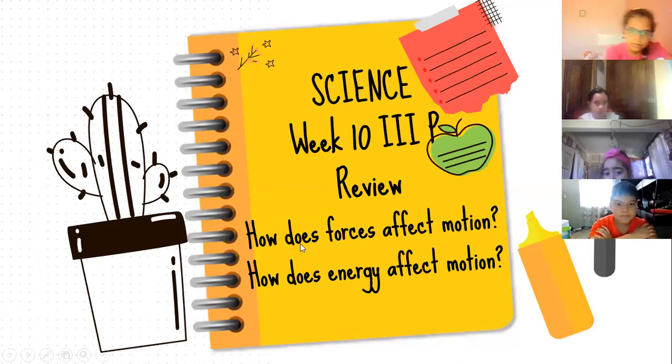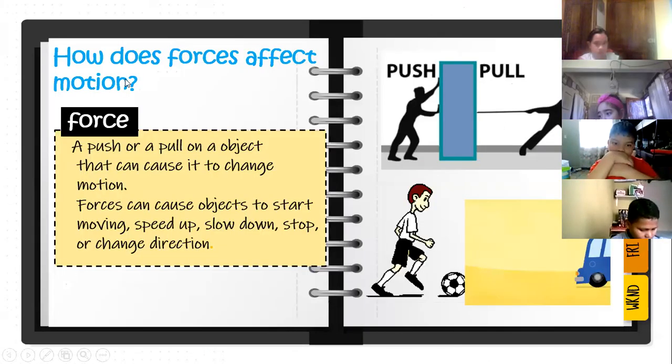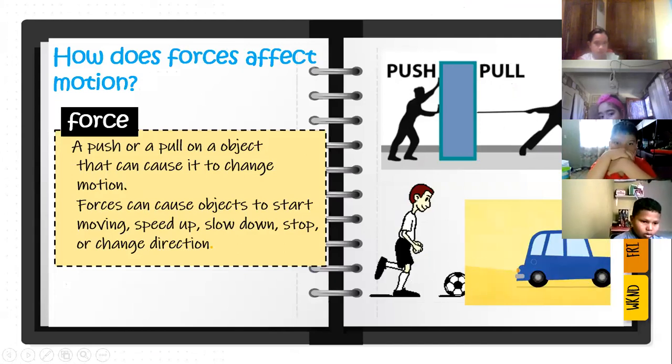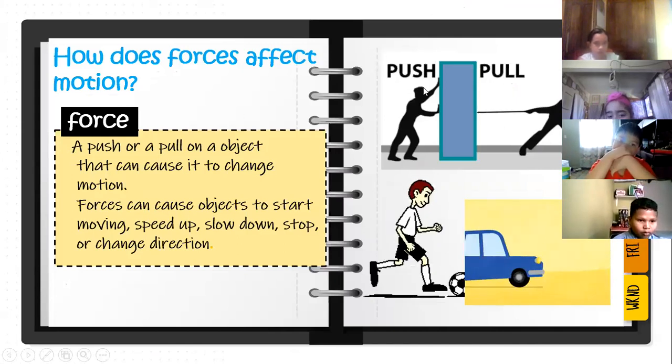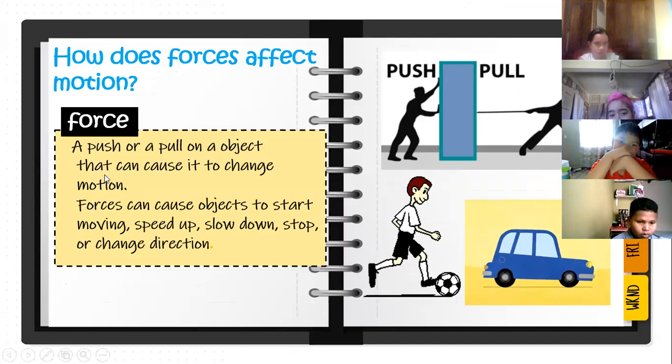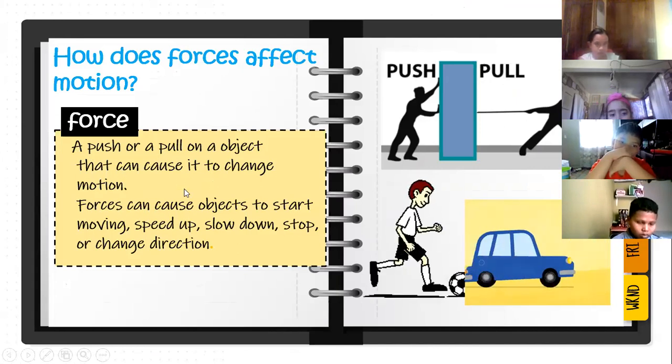Okay. So now, how do forces affect motion, and how does energy affect motion? Forces. How do forces affect motion? Well, remember that a force is a push or pull on an object that can cause it to change motion.